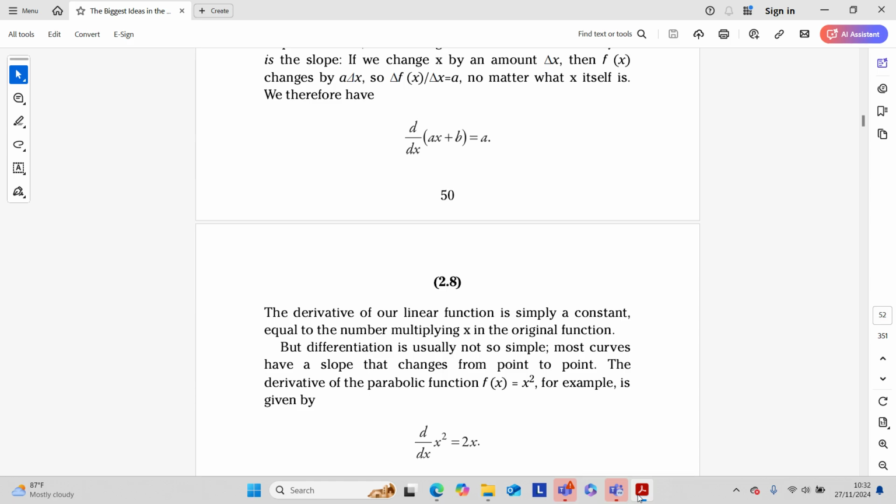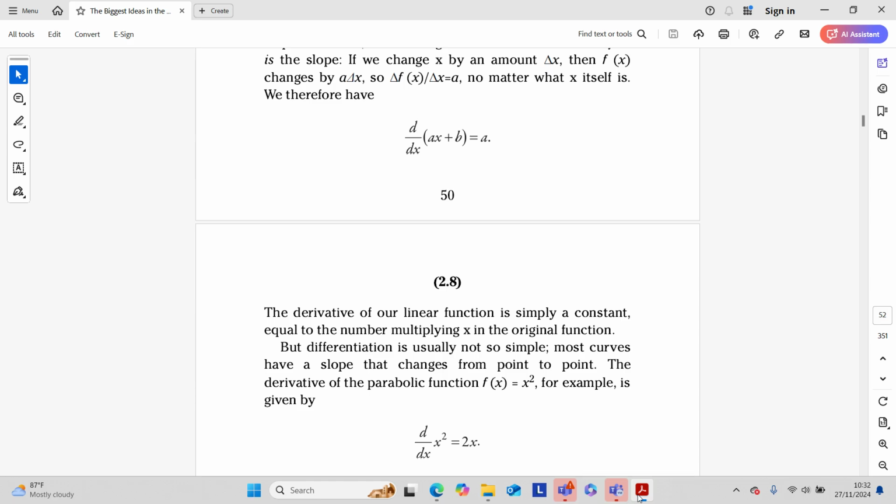So delta f over delta x equals a no matter what x itself is. We therefore have d/dx (ax + b) = a. The derivative of our linear function is simply a constant equal to the number multiplying x in the original function.